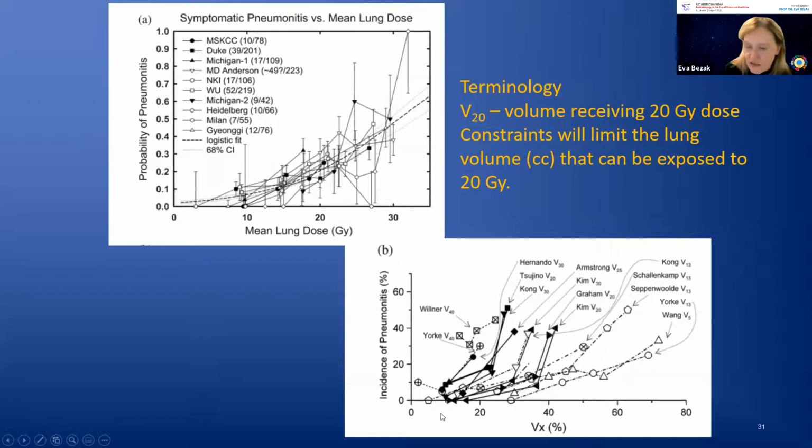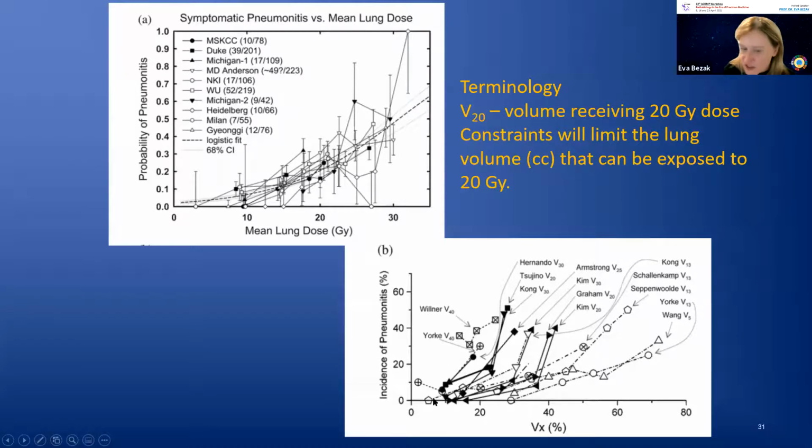So now the individual studies are split up, whether they used V40 constraint, V30 constraint, V20 constraint, or even V13 or V5 constraint. So I'm talking here V40, the volume of those that receive 40 grays.